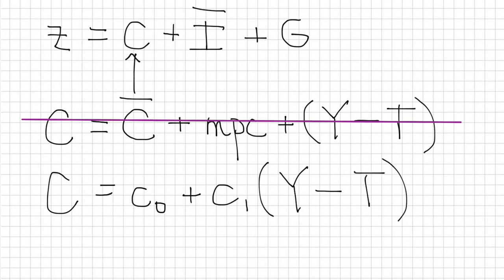What is this relationship? Well, we can plot it. Let's plot this to talk about what it is. I'm going to put an axis down, and I'm going to put Y minus T here and C here.